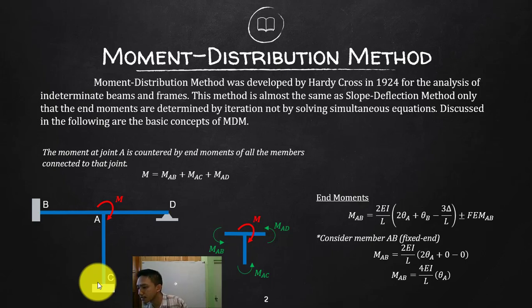For example, let's say this is your member. If you are going to bend that one, let me find a solid material. Okay, so let's say this stick.